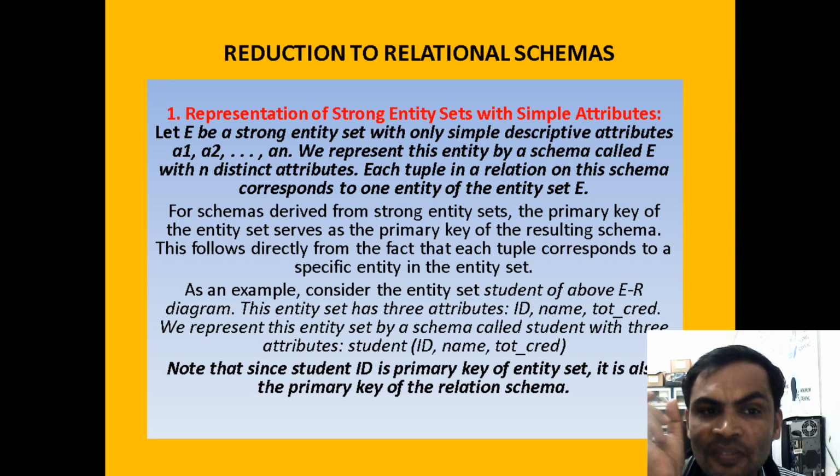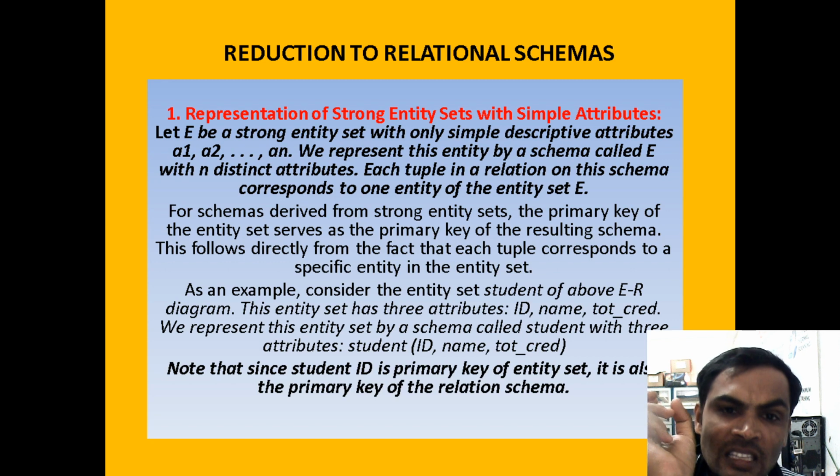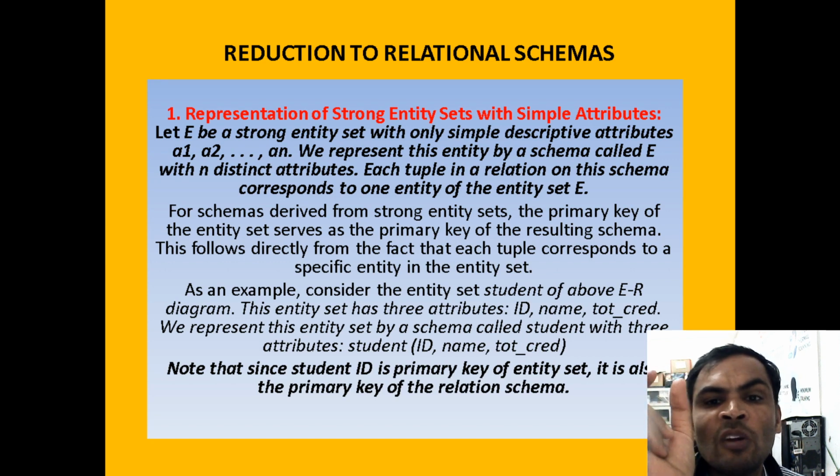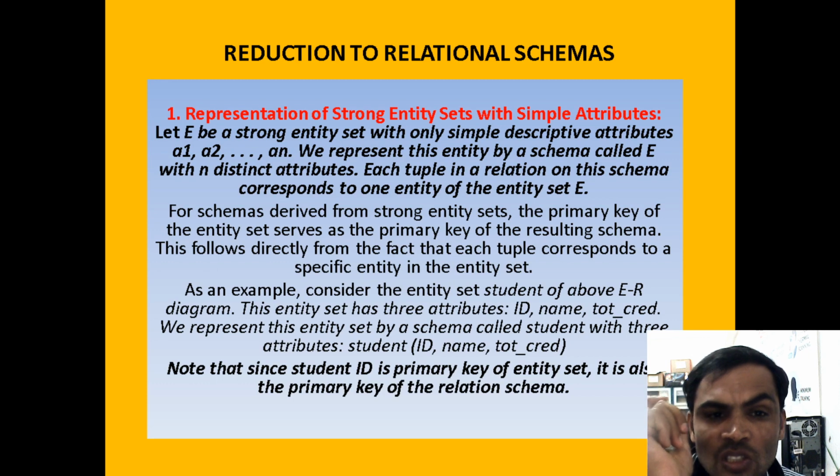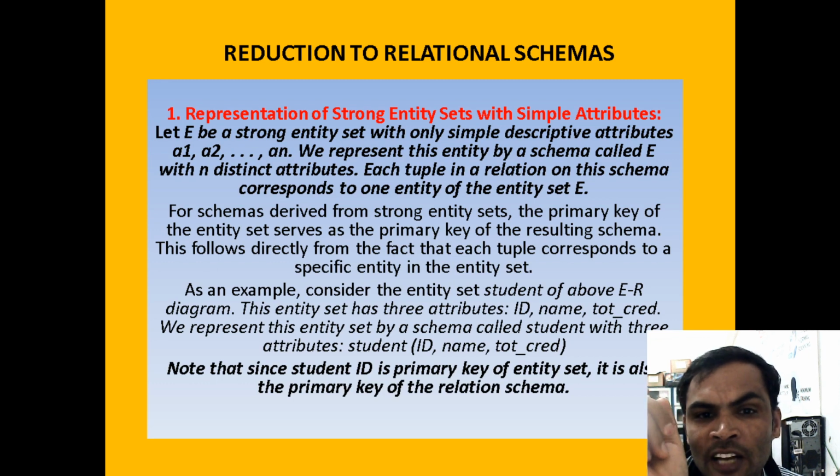At the time of defining the strong entity set, we are defining only the simple attributes. How do you want to reduce the simple schema? The first scenario is that we can reduce with the help of a strong entity set with simple attributes.